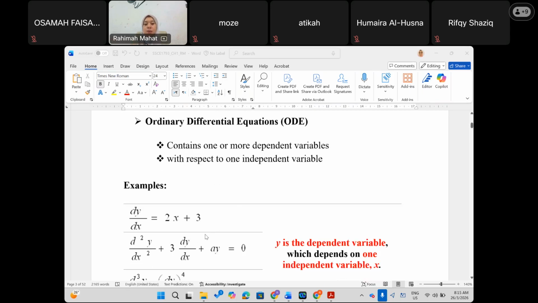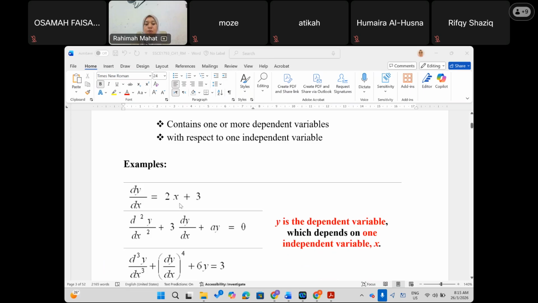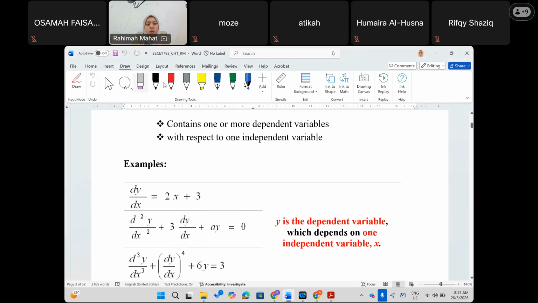So what is dependent and independent? These are the examples here. Dependent means the variable at the numerator, the upper part here. And for the denominator, we call it independent.